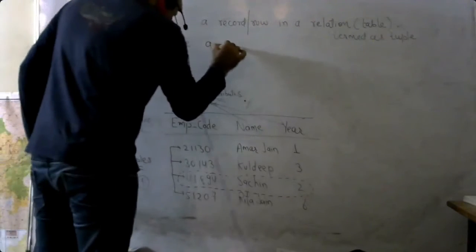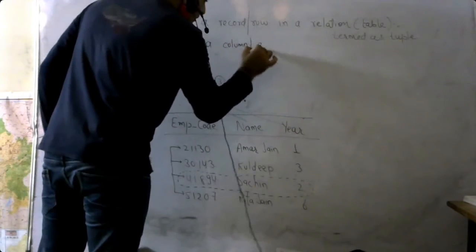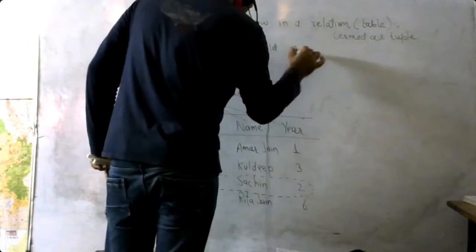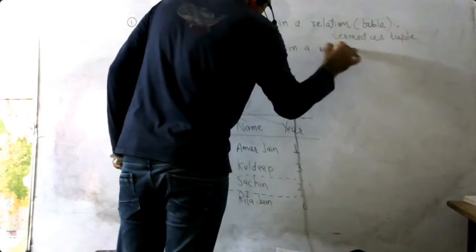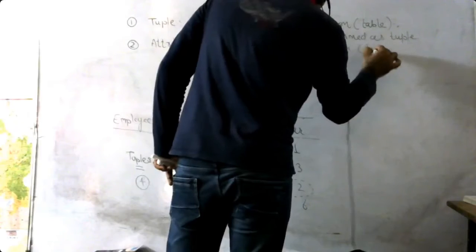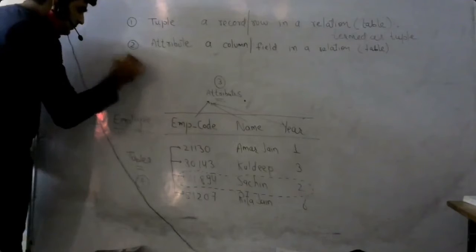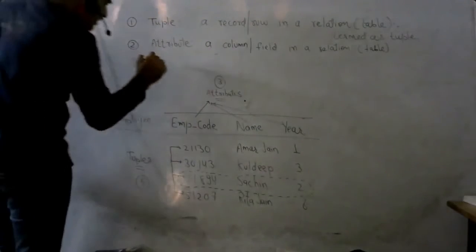Attribute, a column or field in a relation, means in a table. Termed as attribute. Now the next definition is degree. What do we mean by the term degree of a table?